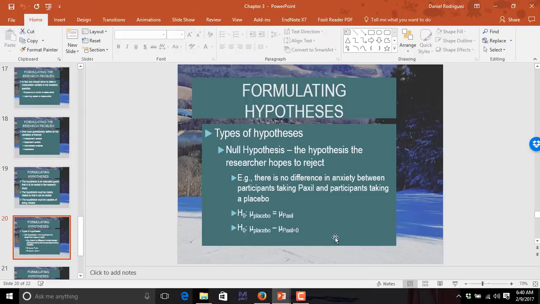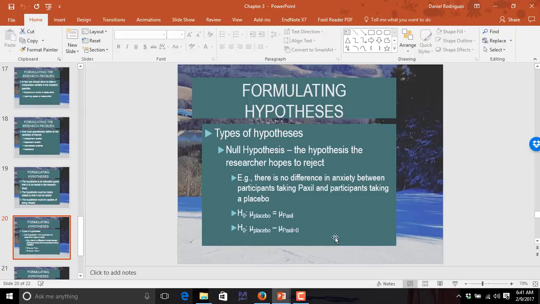Okay? So that's what we're hoping. Now what we're saying here is that the population remains the same even after taking the drug. So essentially the drug does not work. I mean, we may see some differences, but it's not statistically significantly different. So that's what we're saying with this hypothesis, that even after the drug is given its time to work, everybody's still anxious. So that's what we're saying here in our null hypothesis.